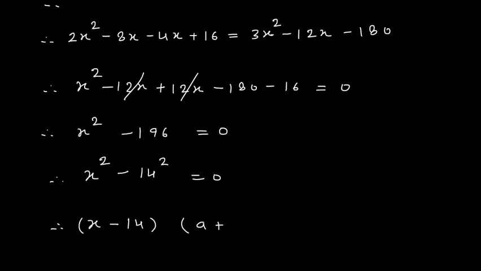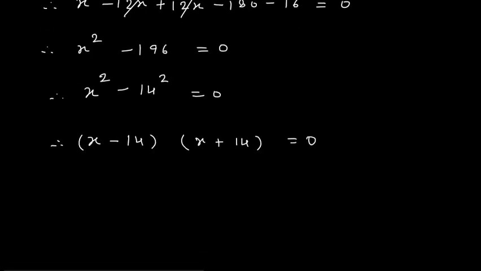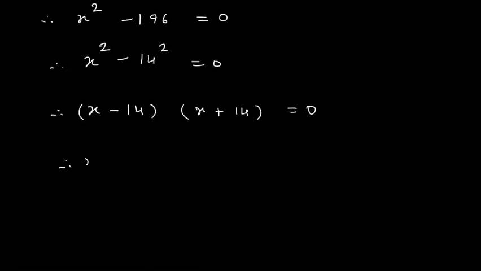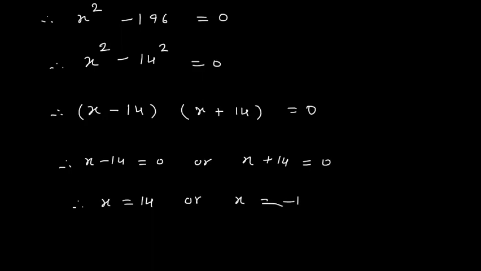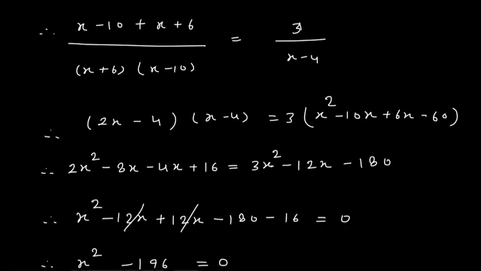So (x minus 14) into (x plus 14) is equal to 0. So therefore we can say that x minus 14 is 0 or x plus 14 is 0. So the value of x will be 14 or it will be minus 14. So the value of x is plus 14 or minus 14. This is the 17th question. Now let us move to the 18th problem.